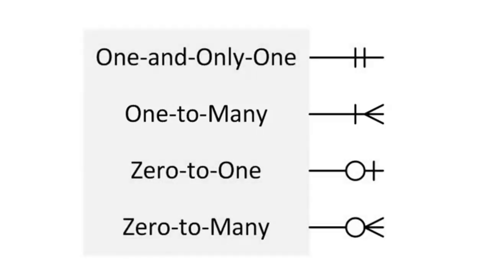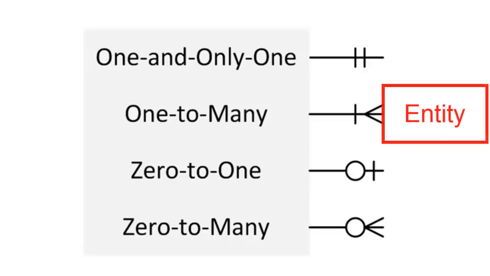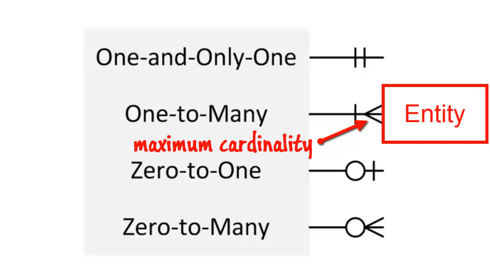Again, remember that the symbol which appears closest to the entity is the maximum cardinality, while the adjacent symbol is the minimum cardinality.